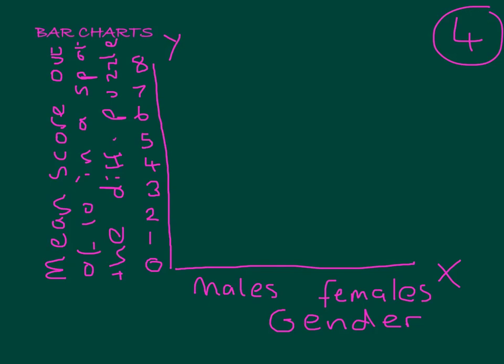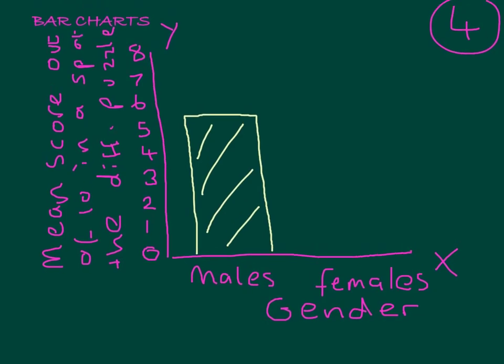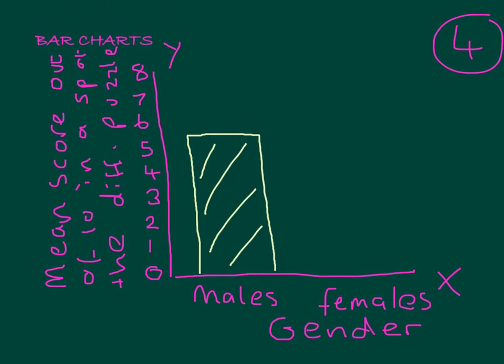So our mean for our males was 5.2. We're now going to put on the females' average, females' mean, which was 4.4.